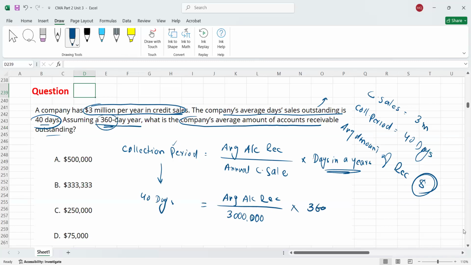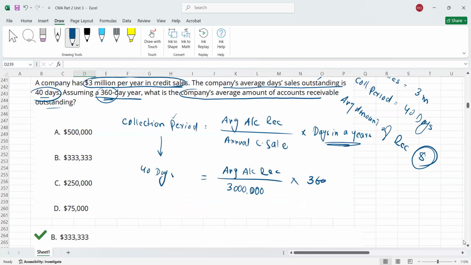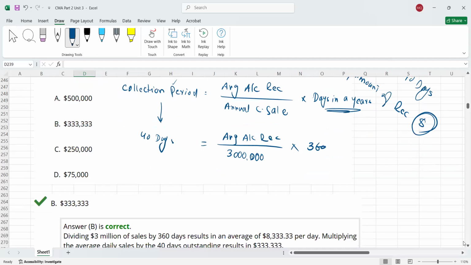Now can you rearrange this formula? If you mathematically rearrange it, how will it work? It is going to work like this. The formula will be credit sales divided by the number of days in a year multiplied by collection period.